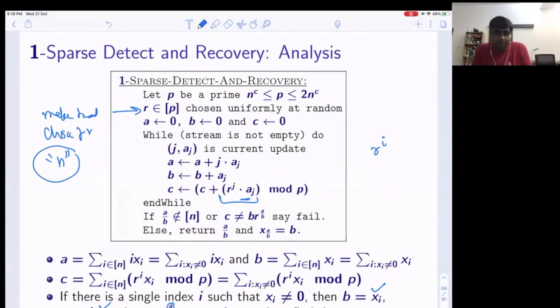Think of this, that I have a matrix where the first row is all 1. Second row, I toss a coin, and if it comes head I put 0, or if it comes tail I put 1. So how many expected number of ones will I see in the second row? N by 2. Third, I do with probability 1 by 4. Fourth, and so on and so forth.